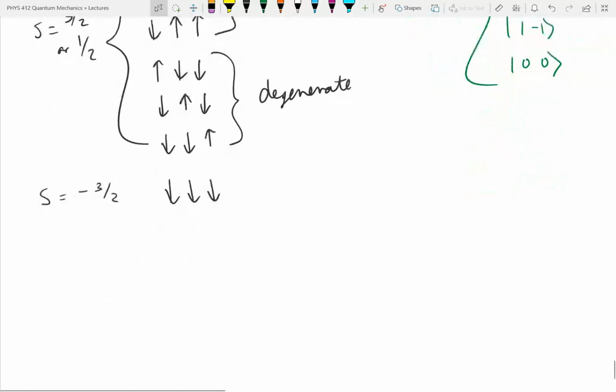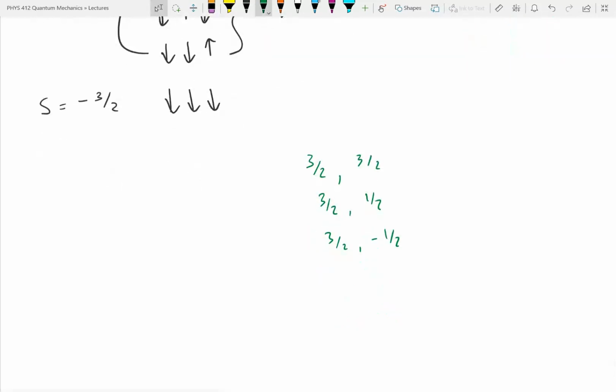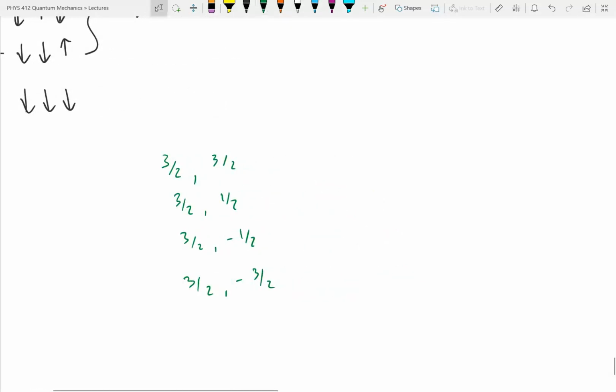You're going to have 3/2, the quadruplet state there, and the doublet state there.